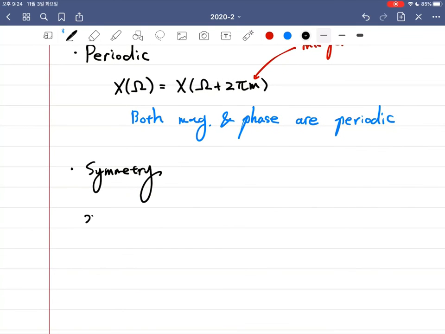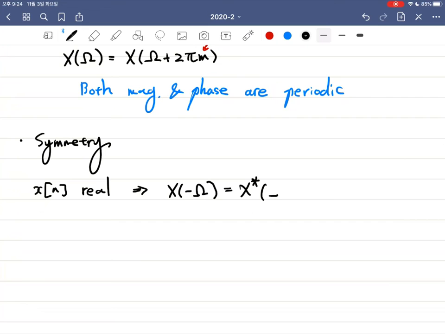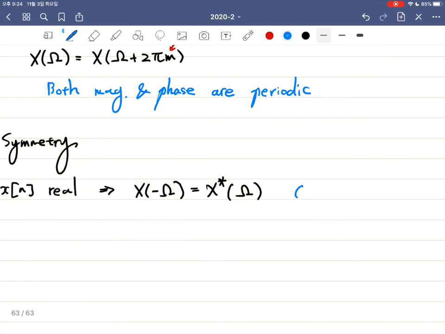If x[n] is a real signal, which is in our scope right now, then we can say that X of minus omega equals the complex conjugate of X of omega. And we can denote this as conjugate symmetric.